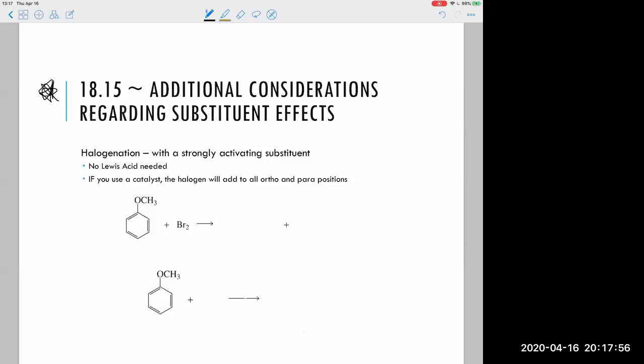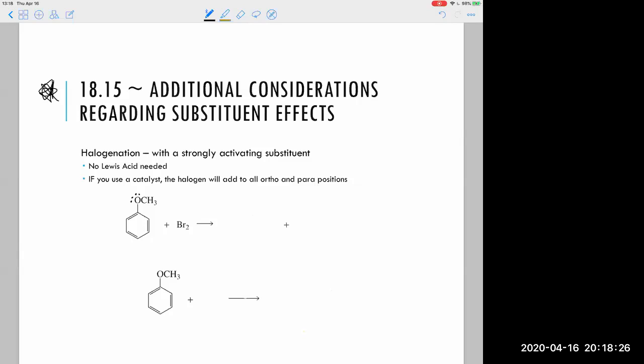We said that electron donating groups are activating and electron withdrawing groups are deactivating, but what does that mean exactly? The idea is that substituents like this group right here, where my oxygen can donate electrons to that benzene ring, make it an even better nucleophile. And so some of these reactions will proceed faster than if you just had a naked benzene ring by itself, in particular the halogenations.